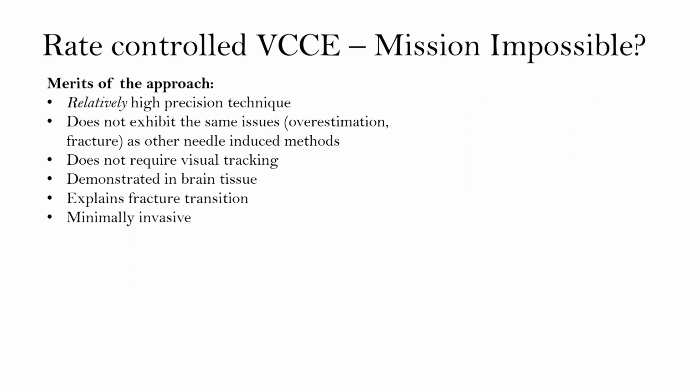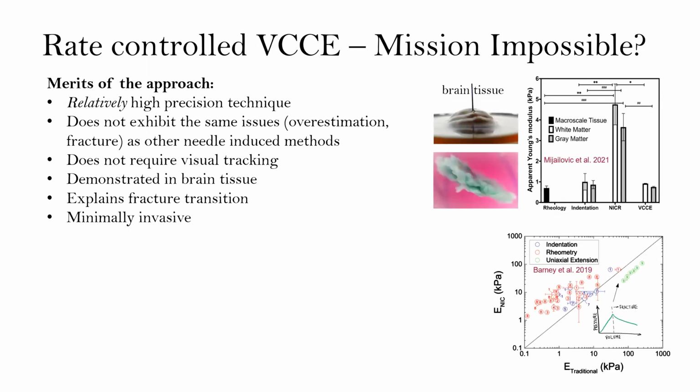One is that we were able to show that our VCC technique was relatively high precision compared to other techniques that we saw. I'm giving here just two examples, comparison with the cavitation rheology method and other rheology and indentation methods shown in a recent study in brain tissue, shows that our VCC method actually performs quite well with very small error margins and uncertainties.